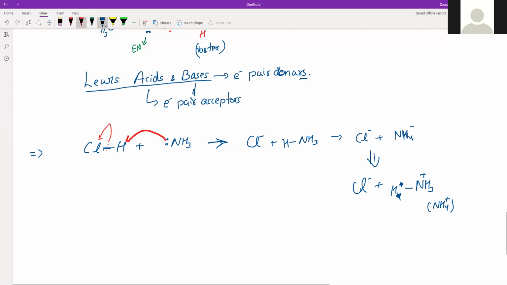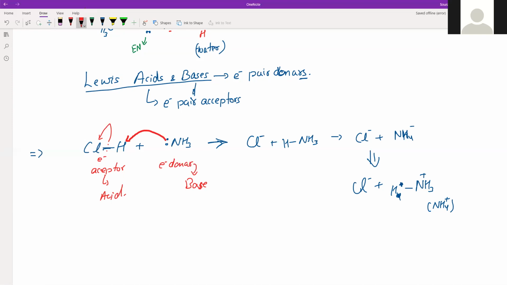So this donated electron: the electron donor is the base and the electron acceptor is the acid.